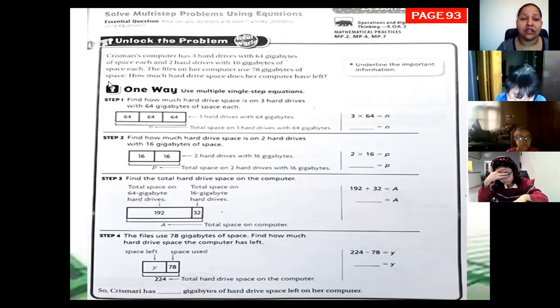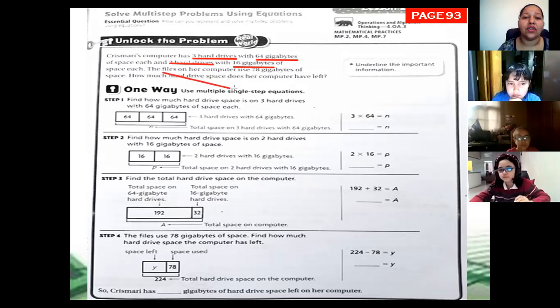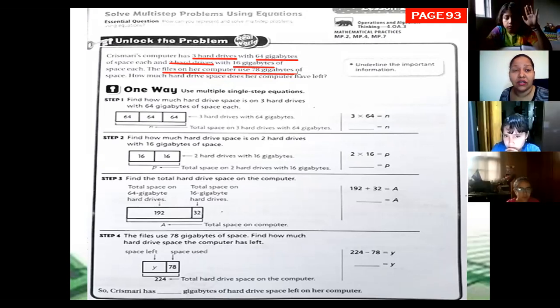So it's important that we identify that we have 3 hard drives with 64 gigabytes each, and 2 hard drives with 16 gigabytes. And the files on her computer use 78 gigabytes. Is that all the important information to understand this problem? Tell me, Litzy.